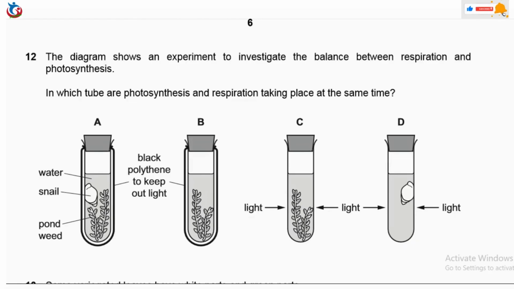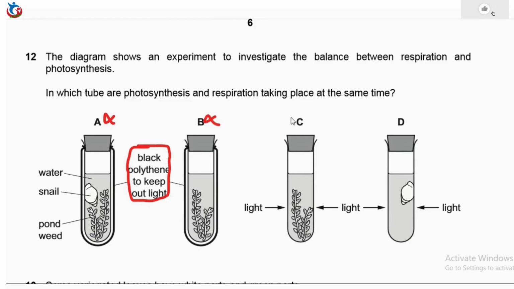In options A and B, there is a black polythene to keep light out. And if light is not present, there will be no photosynthesis. So option A is wrong and option B is also wrong.